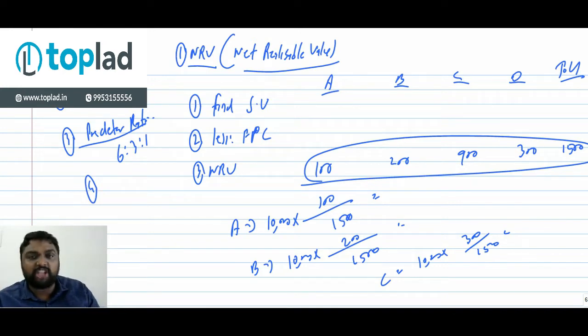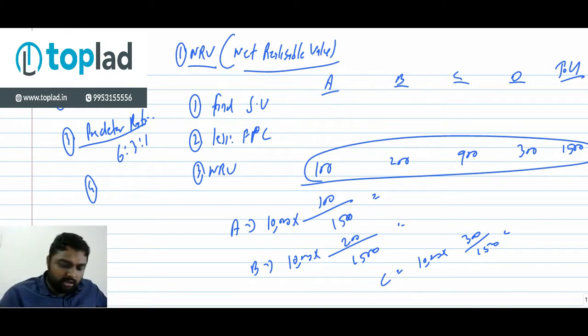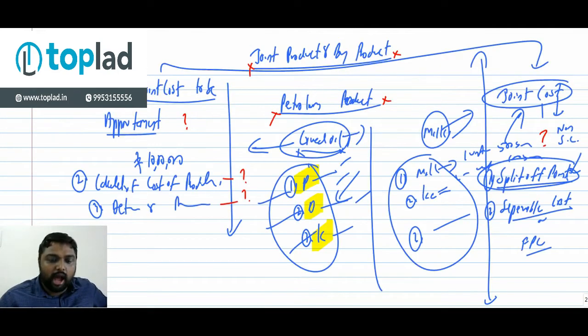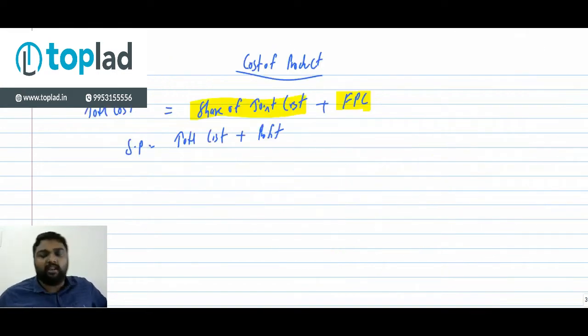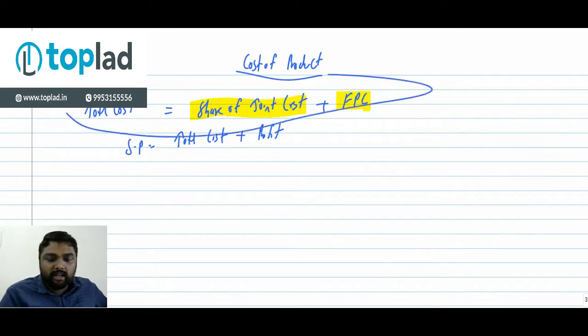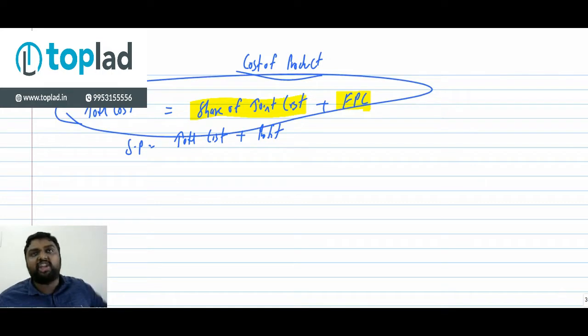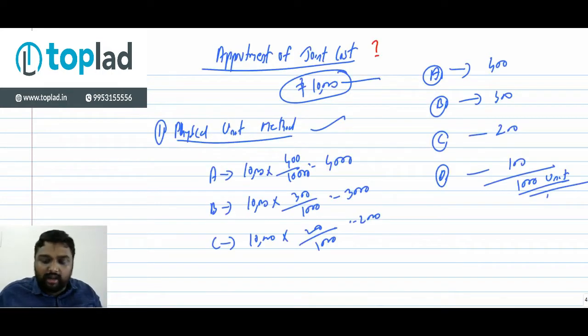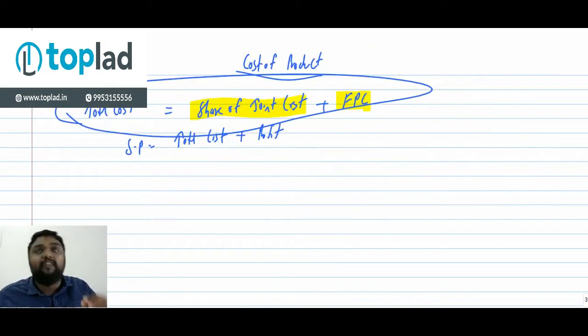So in this chapter, we mainly have to discuss three things. First one, apportionment of joint cost, which is what we were discussing here. Once you apportion the joint cost, you should understand one thing: the total cost of a product under joint cost will be the share of joint cost plus further process cost. What is this further process cost?